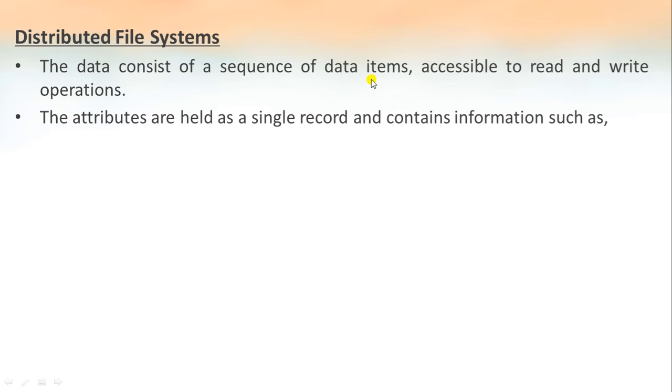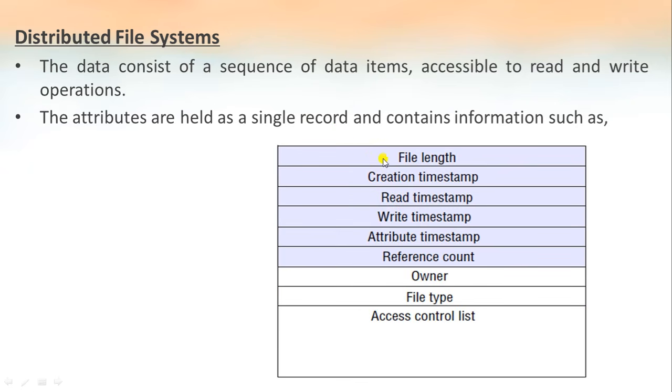And attribute defines some of the characteristics of a file, and it is a single record containing information such as file length, creation timestamp, read write timestamp, attribute timestamp, reference count, that is how many times that particular file is used, who is the owner of that file, type of the file, and access control list which deals with the permissions, who has permission to read or write a particular file.